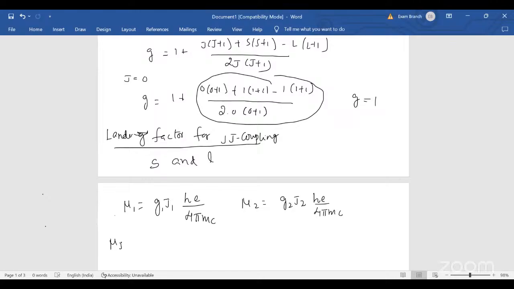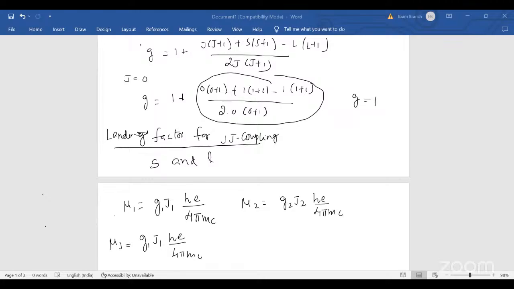So mu J is obtained as follows. For the first electron we have g1 J1 eh/4πmc. Considering the two electron system, we have to add these two to give the total magnetic moment of the atom.